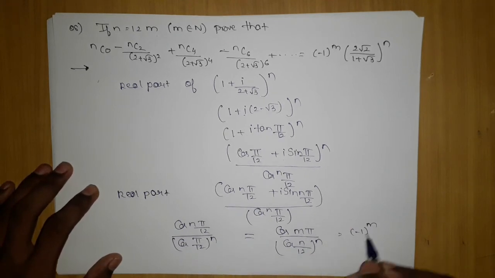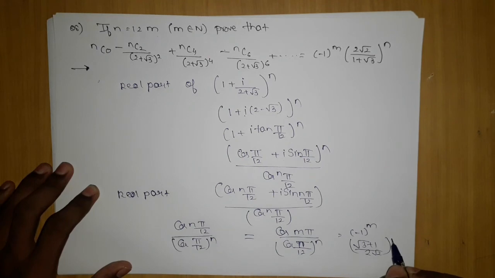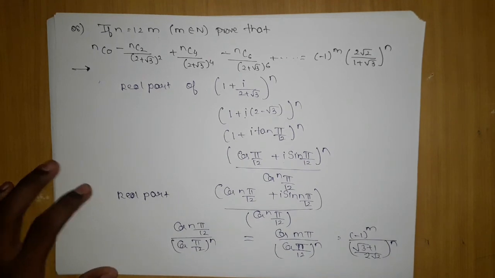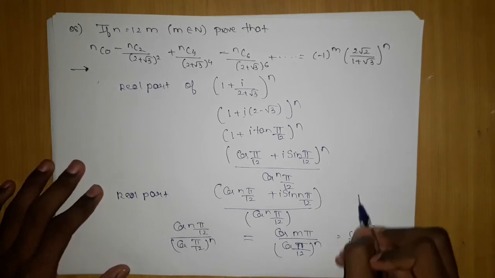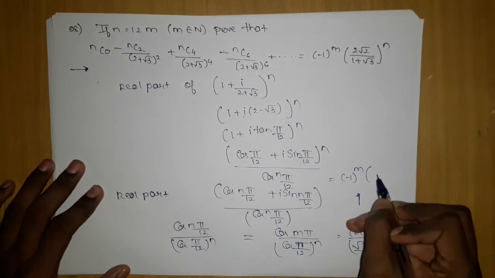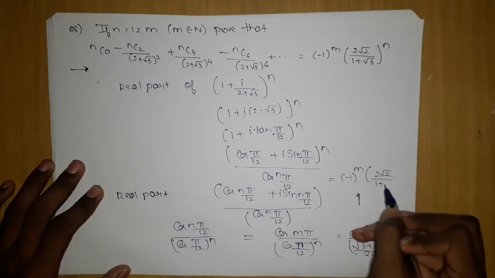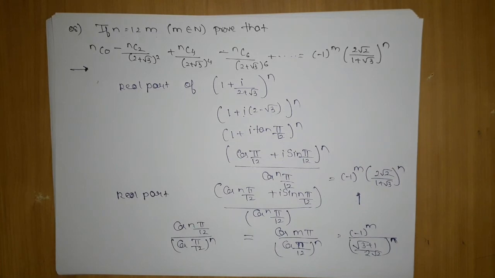And this cos pi by 12 has the value root 3 plus 1 by 2 root 2. Now you can move this up, then you will get your final answer as minus 1 power m into 2 root 2, the whole upon 1 plus root 3, the whole power n. So this is your required answer.